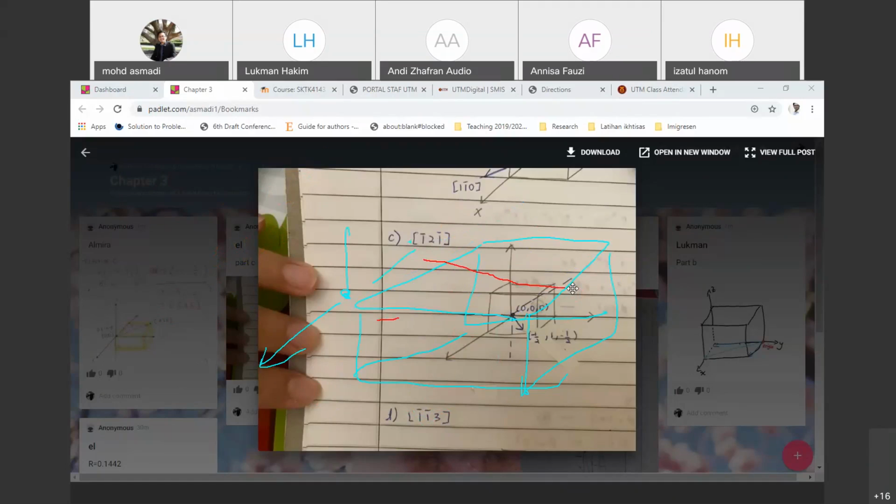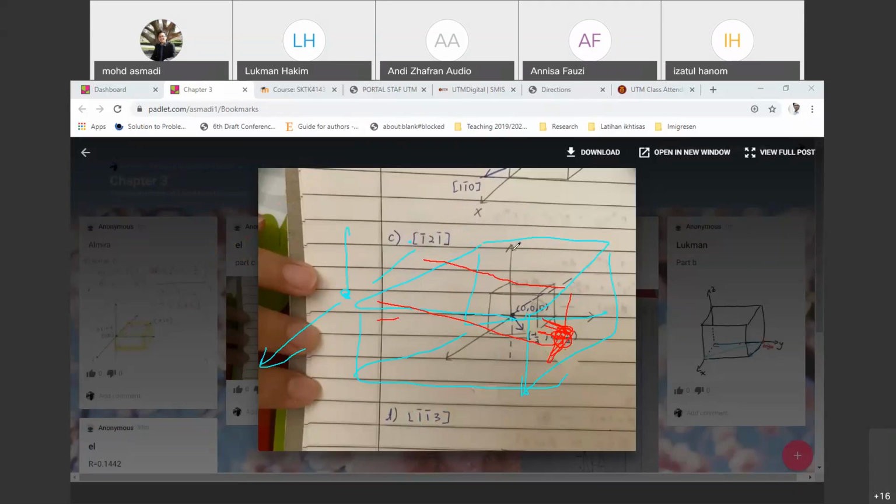So that means only half here, toward this direction. So this is the direction. It's difficult to draw here.